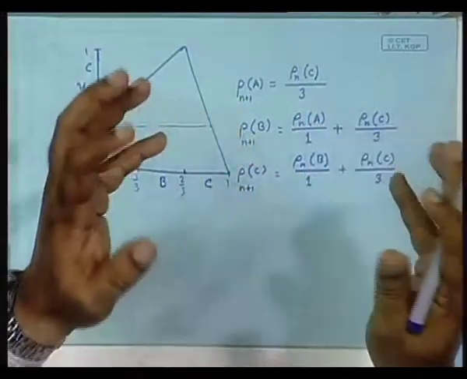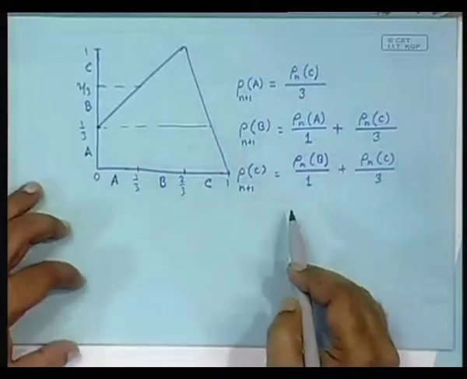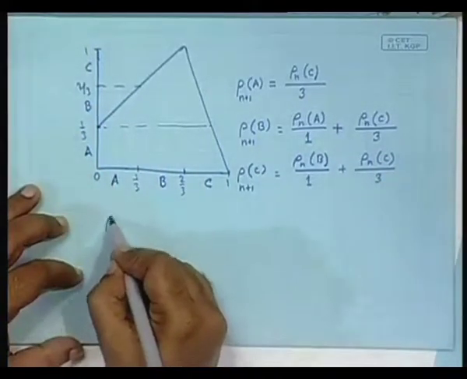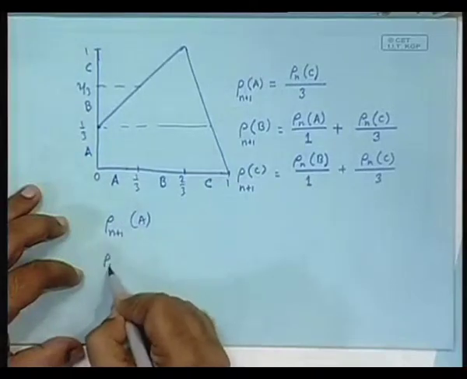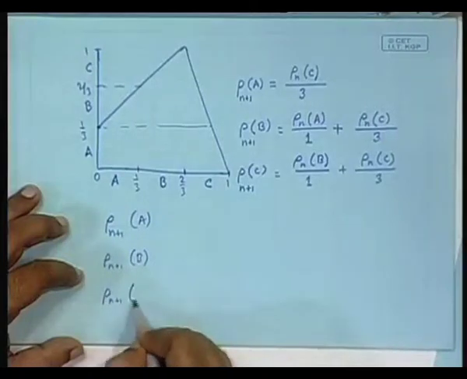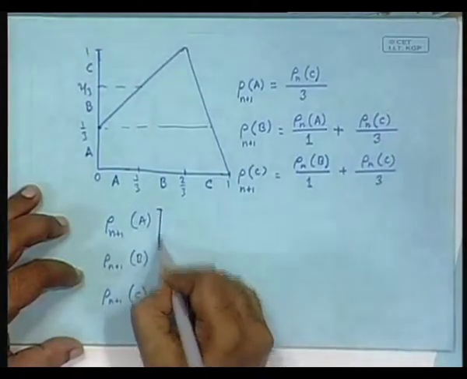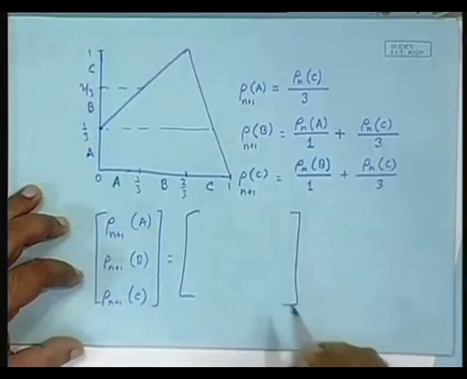Applied on it the Frobenius-Perron operator gave me this, and we can now write it in matrix form as rho n plus 1 of A, rho n plus 1 of B, rho n plus 1 of C. This vector is equal to some matrix.